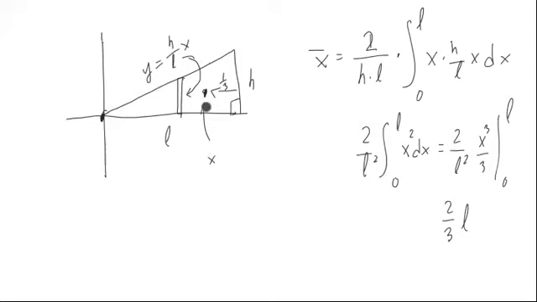Similarly, you could look this way: 1/3 of the way from here up to the top as well. So x bar, y bar is going to be 1/3 of the way from the base going perpendicularly. And that's how you can find the centroid of any triangle.